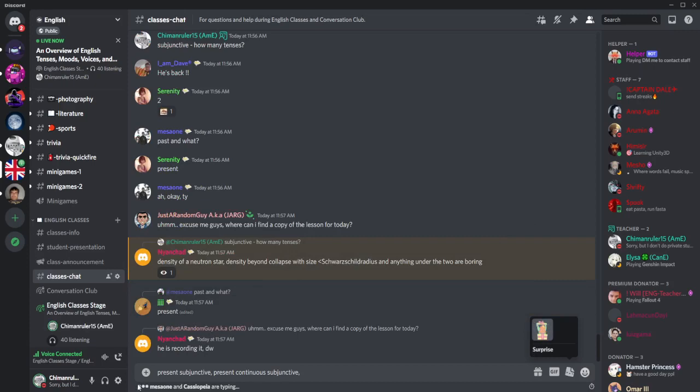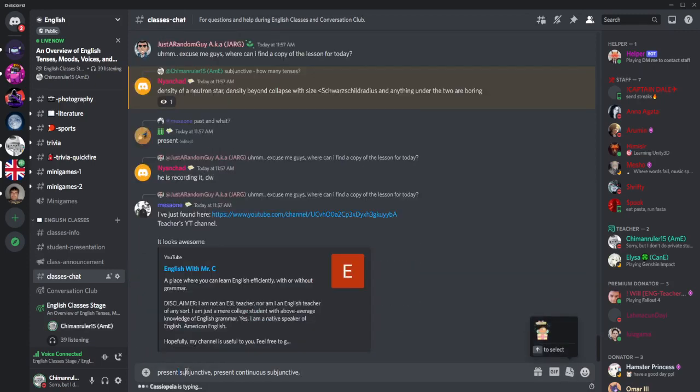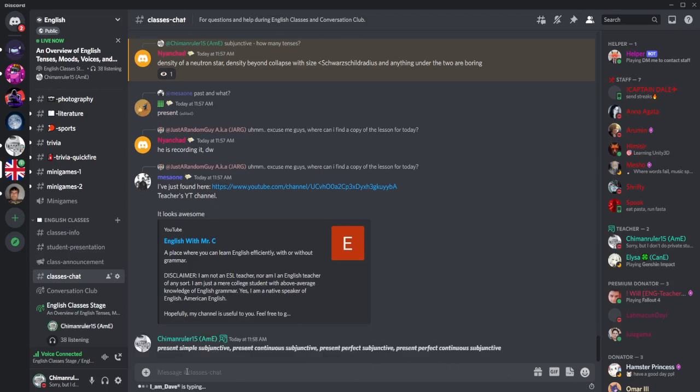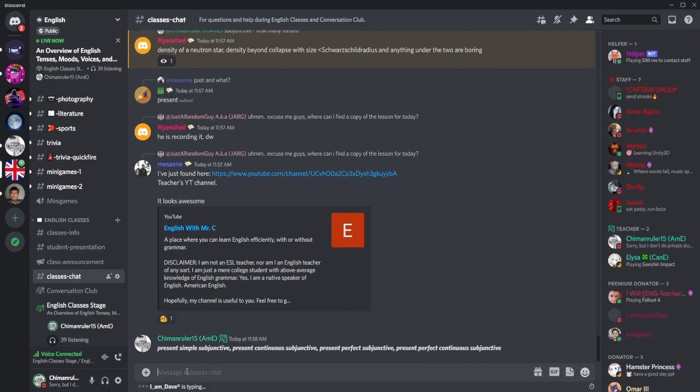Dang it, why can't I move my cursor? Oh, there we go. Now I can move it. Okay. You can have a present perfect subjunctive and a present perfect continuous subjunctive. So you can have all four of these: a present simple subjunctive, a present continuous subjunctive, a present perfect subjunctive, and a present perfect continuous subjunctive.